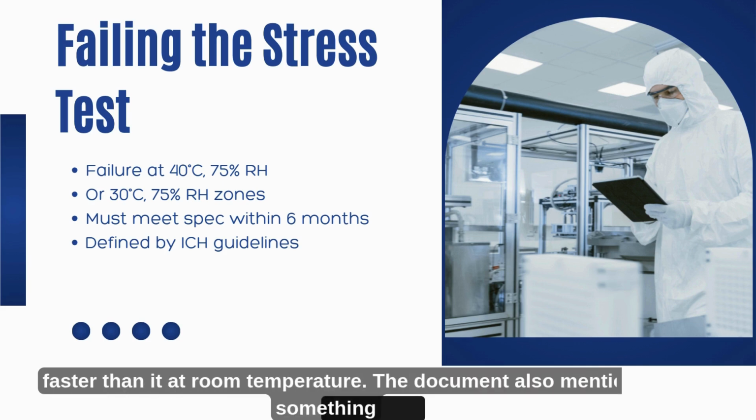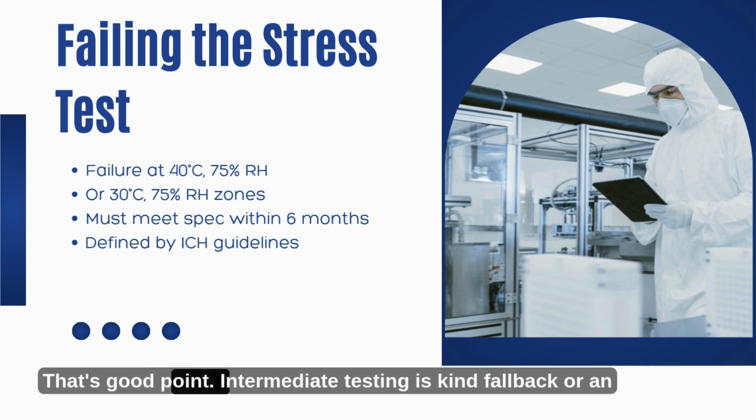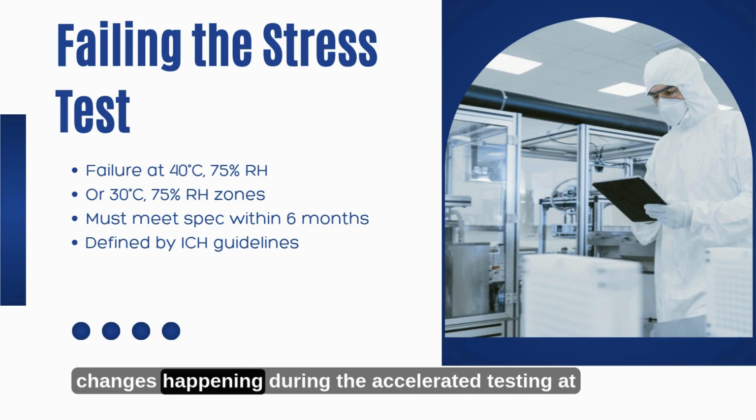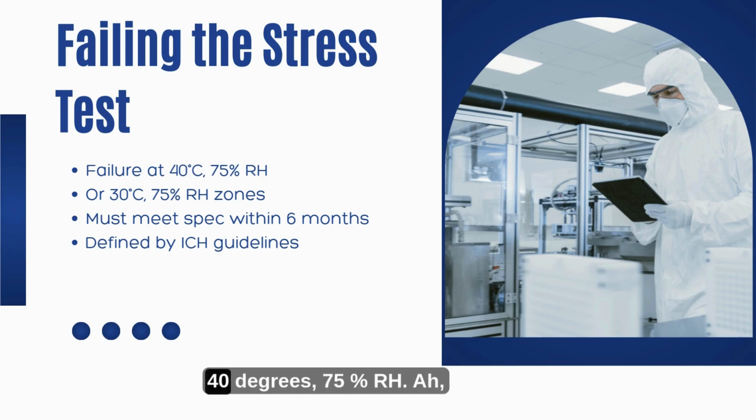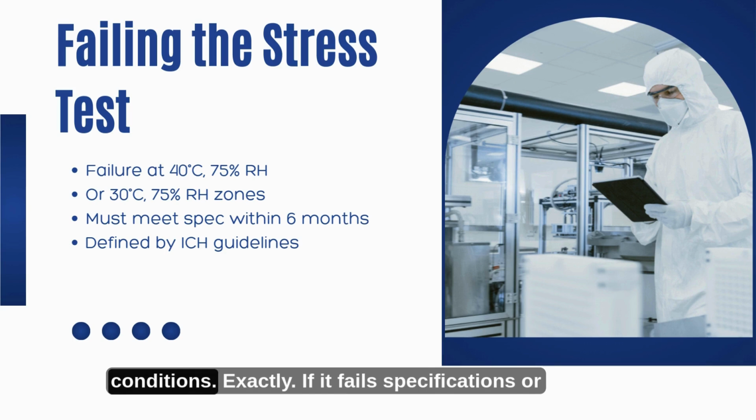The document also mentions something called intermediate condition testing. When would that come into play? That's a good point. Intermediate testing is kind of a fallback or an additional step. It's typically triggered if you see significant changes happening during the accelerated testing at 40 degrees, 75% RH. So if the drug starts breaking down too quickly under the accelerated conditions. Exactly. If it fails specifications or shows significant degradation early on at 40-75, then testing might be done at an intermediate condition.